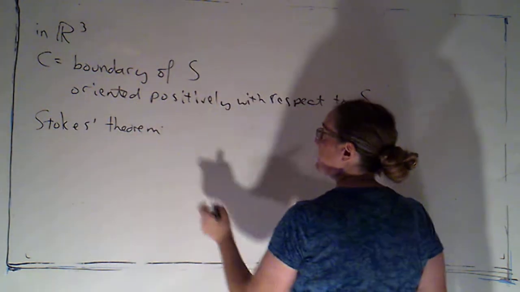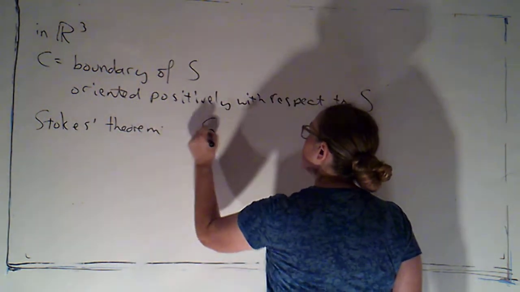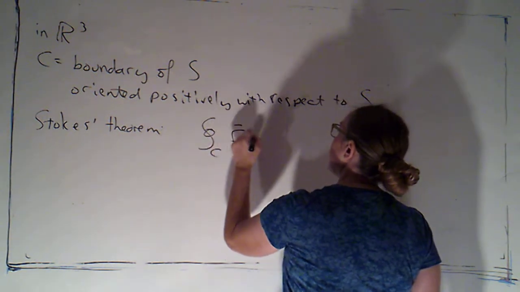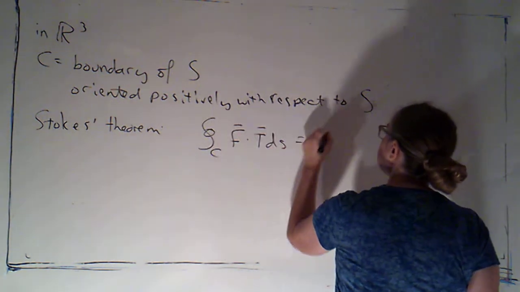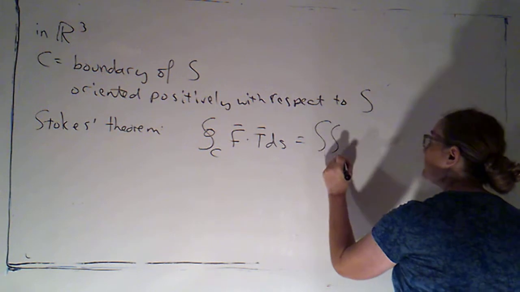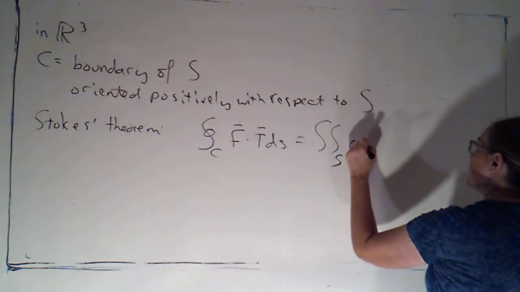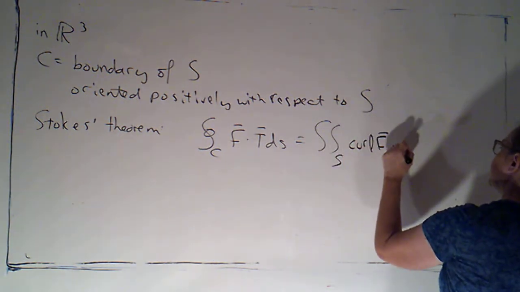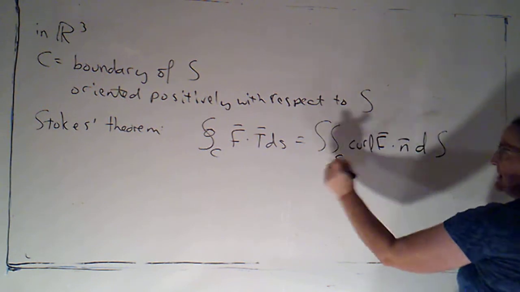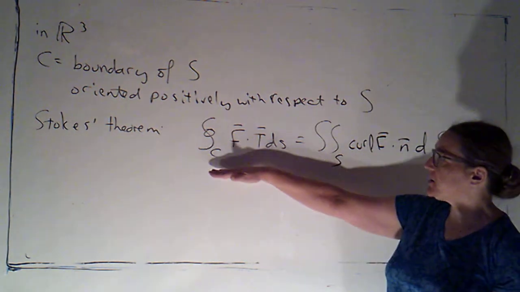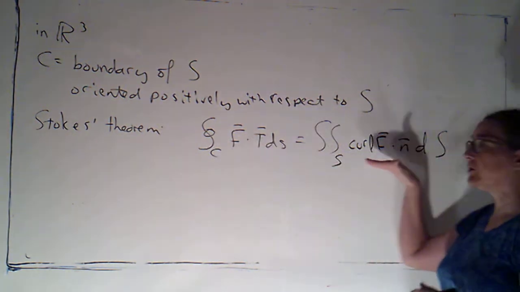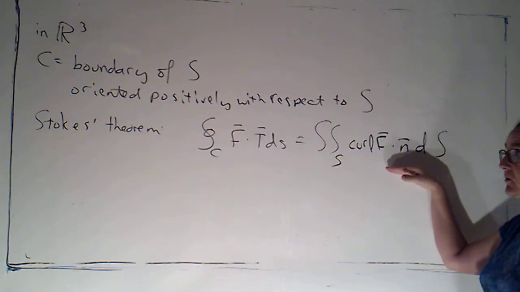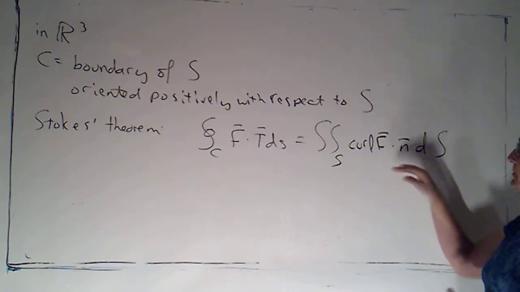And Stokes's theorem just says that the integral along C of f dotted with t ds is the double integral along S of curl of f dotted with n ds. So I can switch from this line integral to a surface integral instead. Okay.